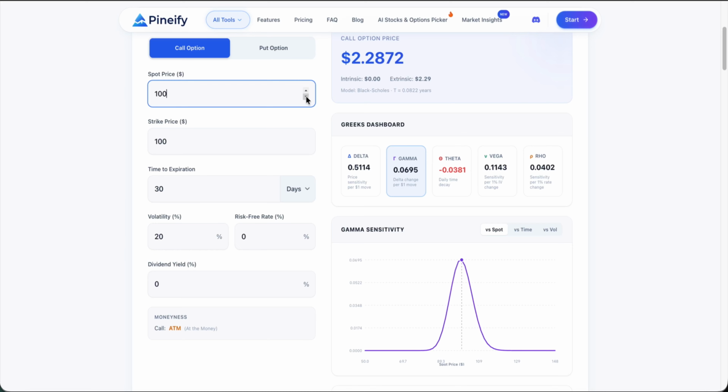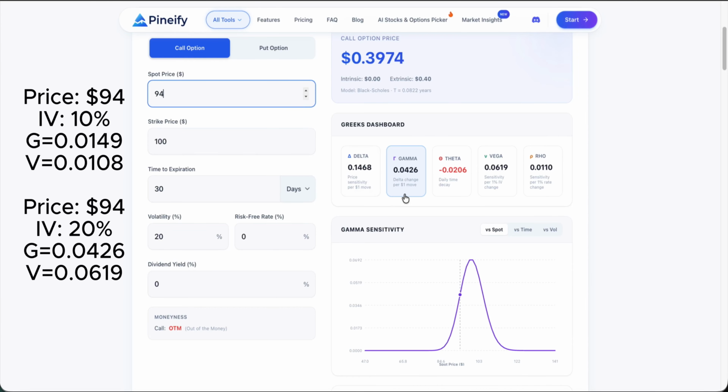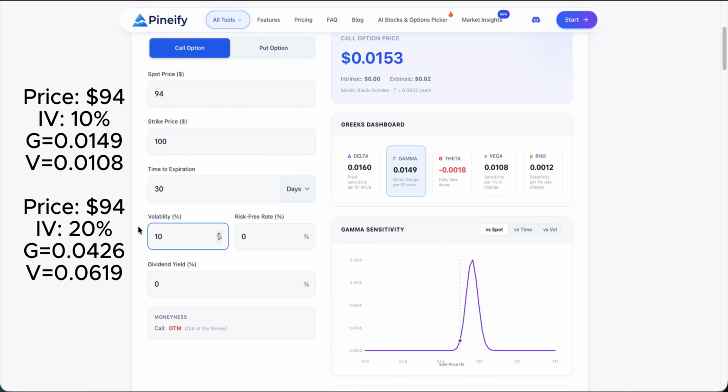And again, as we go towards out of the money, you will see that now it comes down again. Still, as you recall from the previous graph at 10%, now the gamma is still higher, all right, relatively so. You see here, it goes from 0.0149 and now is 0.426.